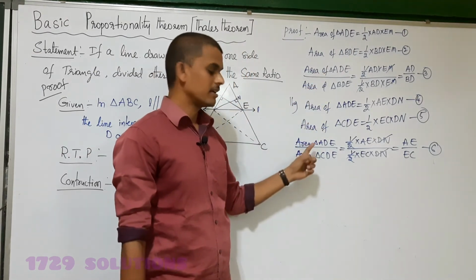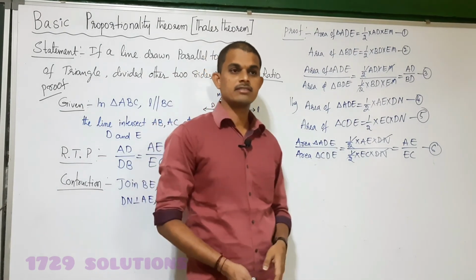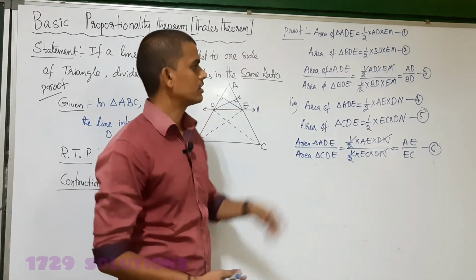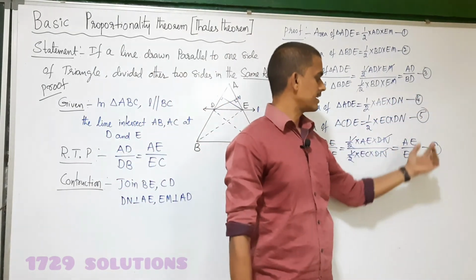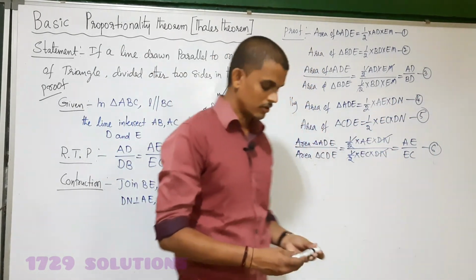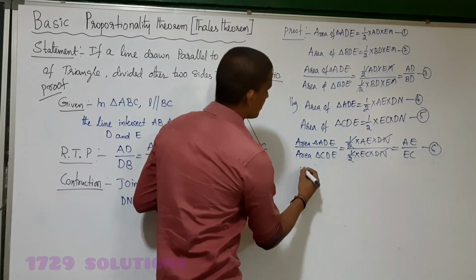The numerators are already equal, and the denominators are equal. So what can you say? Both the equations are equal. Denominators are equal, numerators are equal, therefore the two fractions are equal.